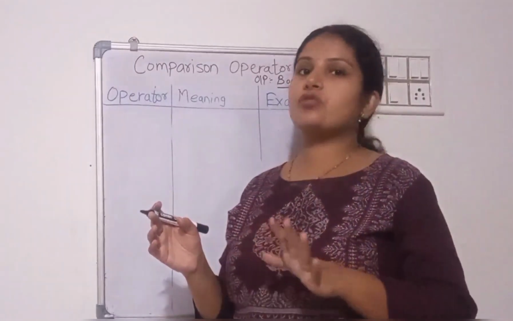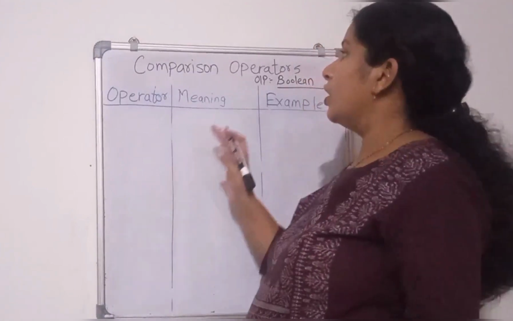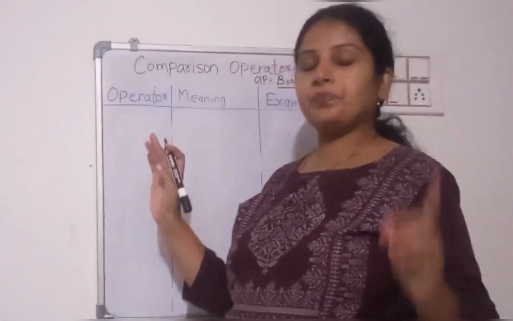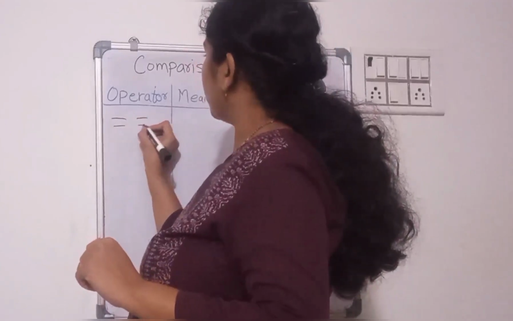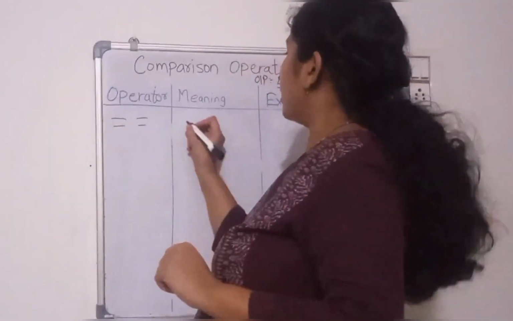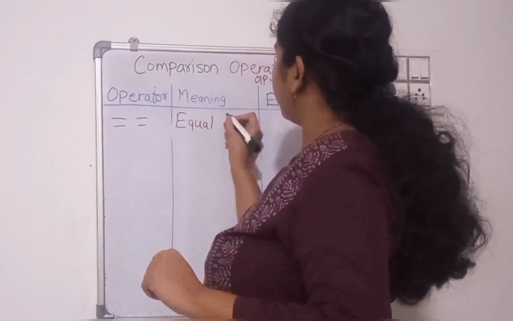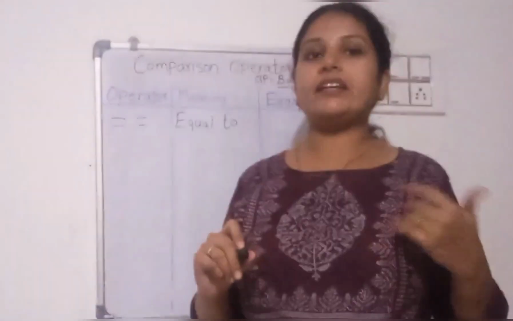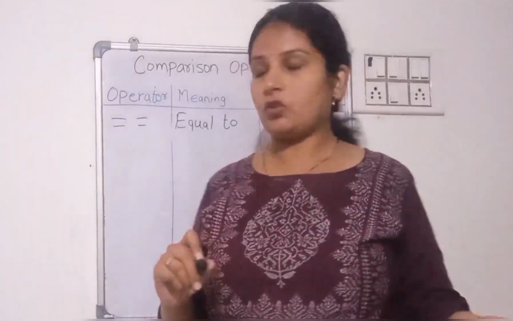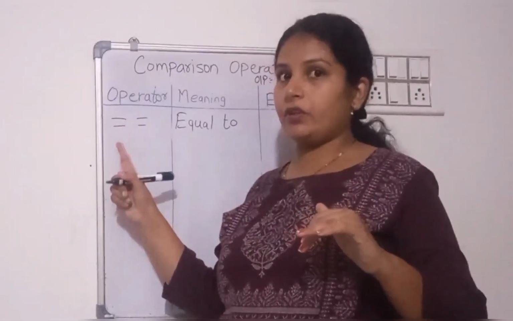If that expression is wrong, then you get the value false. The first comparison operator is double equal to. This means you are checking whether two numbers are equal or not. Don't be confused between single equal to and double equal to.